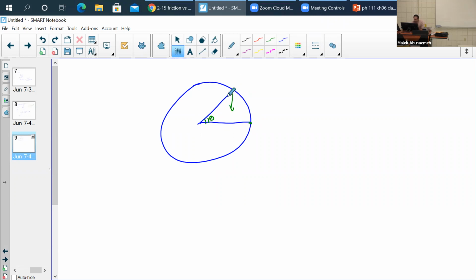If you drop a line, you have a line over here and a line perpendicular to this one. This is called alpha, and this is called beta. This is going to be your 90 degrees over here, so alpha plus theta equals 90 degrees.